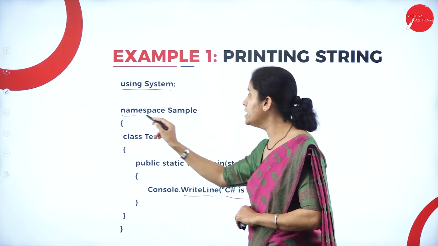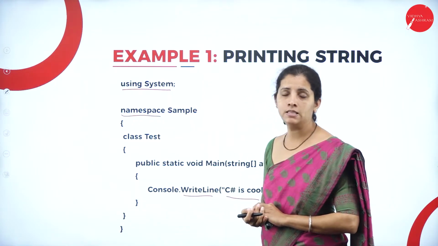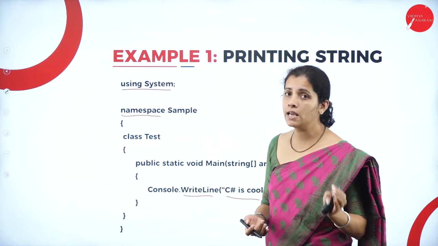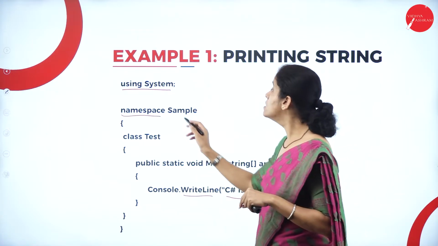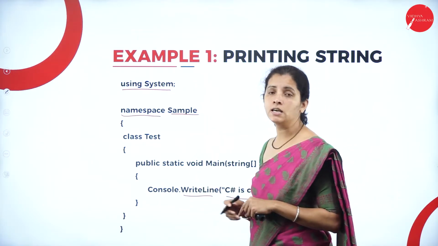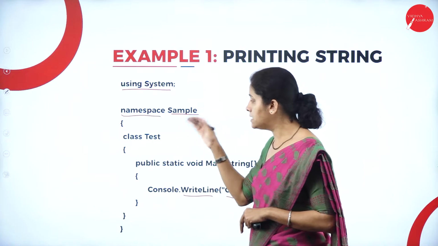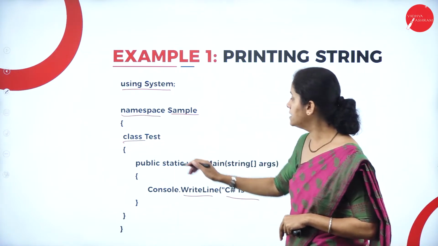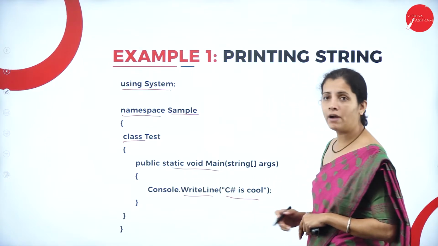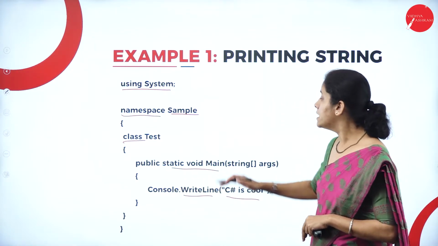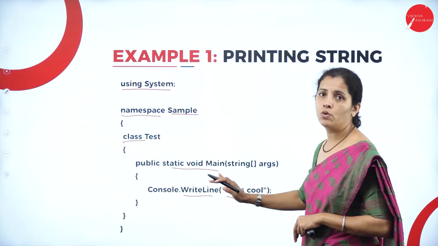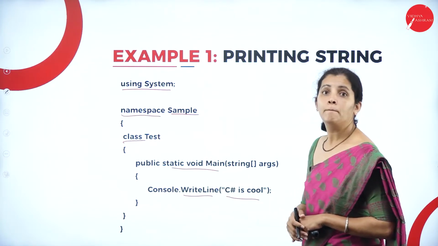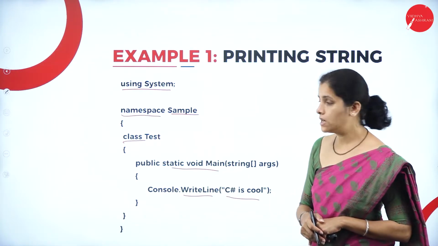Then I'm going to create my own namespace, that's nothing but the user-defined namespace. And what is the user-defined namespace here? That is Sample. Inside that, I have the class called Test. Inside this, I have the Main function. And inside the Main function, I'm going to write the method called WriteLine.